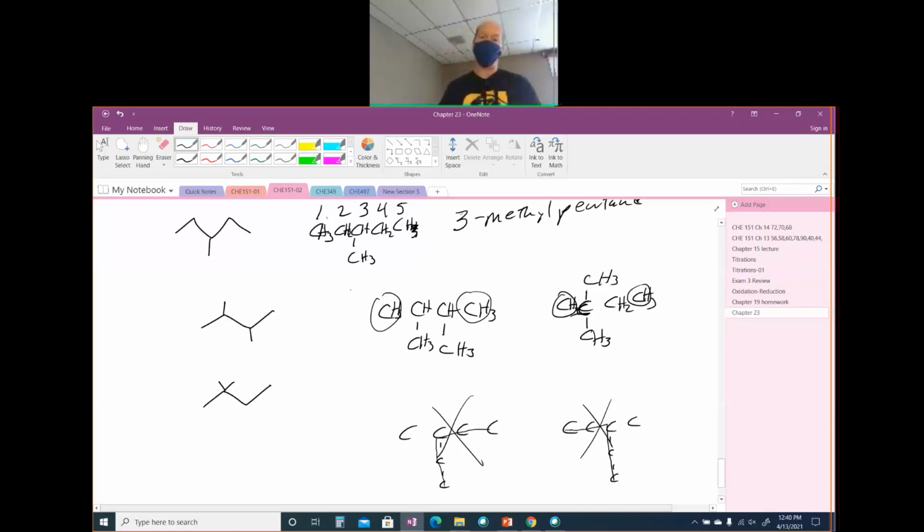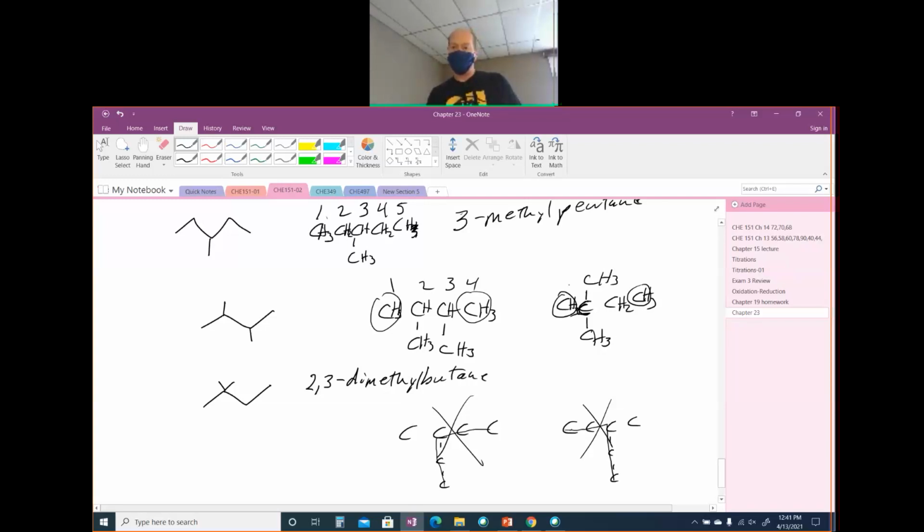And so when we number it, for the first one, it doesn't matter. 1, 2, 3, 4, you have 2 and 3, or if you go the other way, you still have 2 and 3. And so this one is a 2,3-dimethyl. 4 carbons in a row is butane.